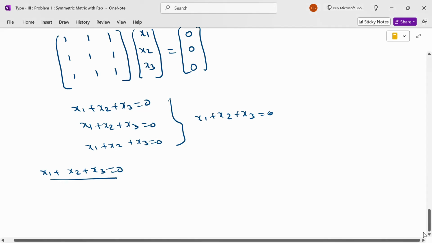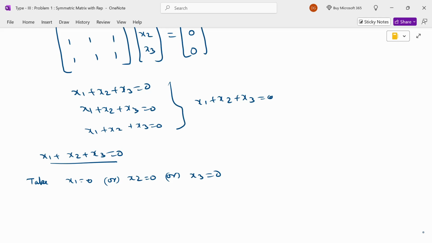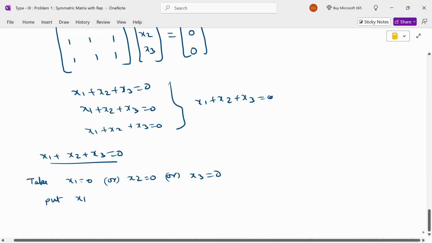So this is the equation. Now you can take x1 as 0, or x2 as 0, or x3 as 0, any one you take, it's your choice. Therefore now I'm taking x1 equal to 0.